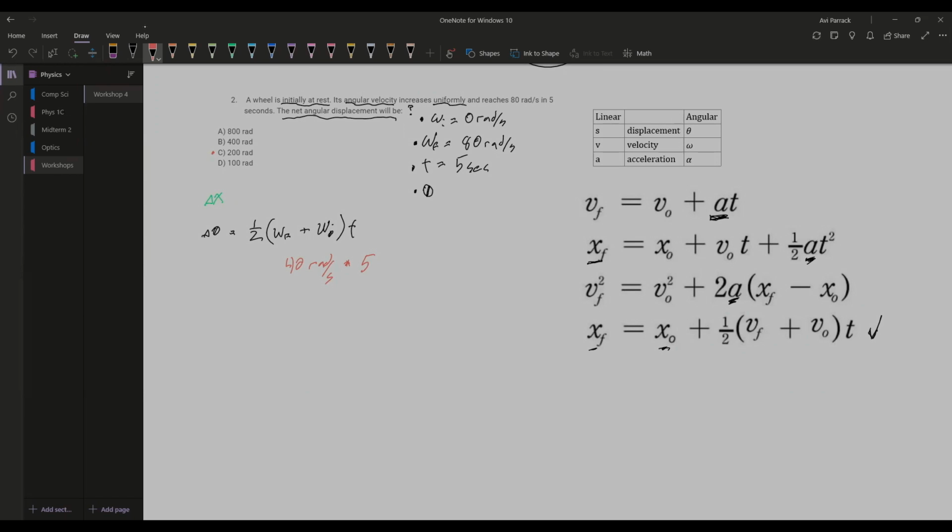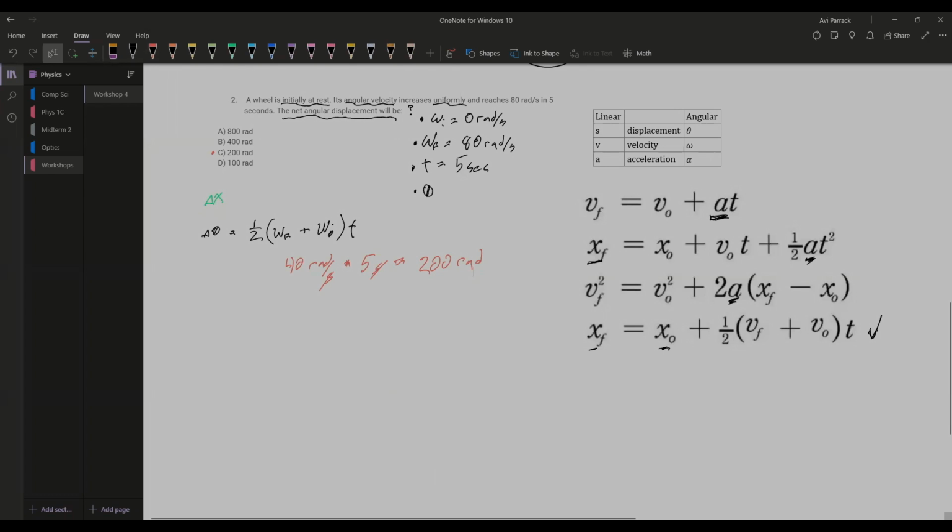So answer is C. Seconds and seconds cancel out, and we end up with 200 radians. That's our final answer. Cool, good solve.